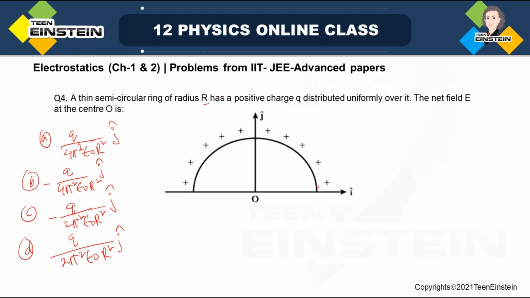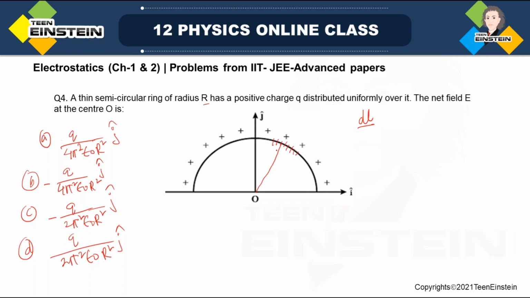All the charges are actually over the circumference of a semicircle. That means we can think of a small line element, delta L. I can take a small line element delta L. Anyway, this will be fixed.